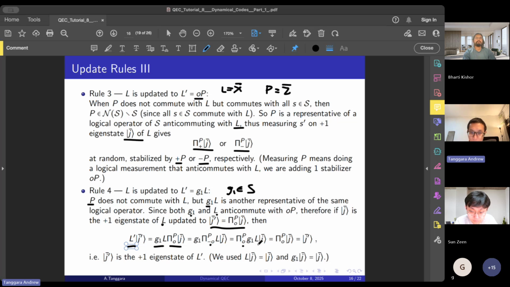And I can get rid of this L because this J is +1 eigenstate of L, and this G1 is a stabilizer of this J bar. So I can get rid of this G1 and L, and I get this, which is the definition of the updated +1 eigenstate of L. Therefore this is the +1 eigenstate of L prime. So that justifies why we want to update L to this L prime.